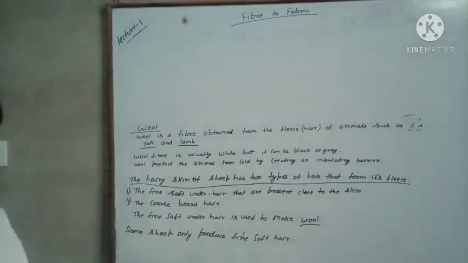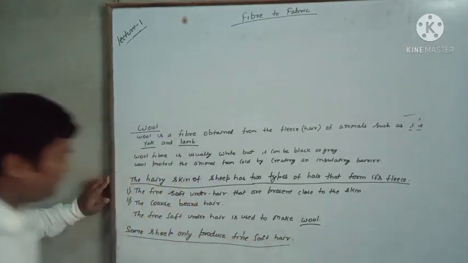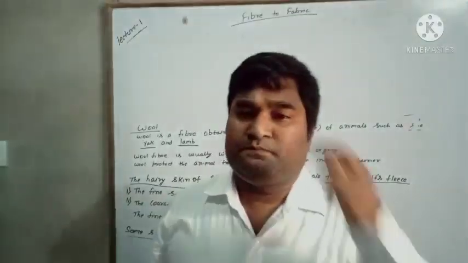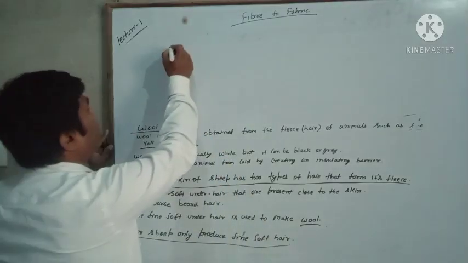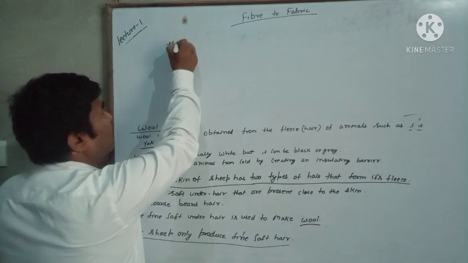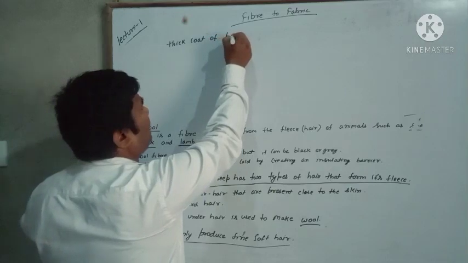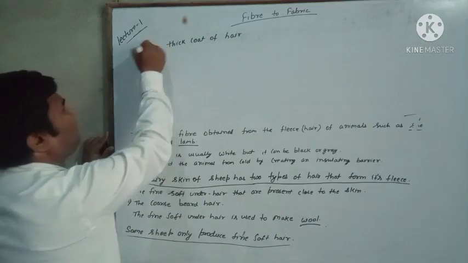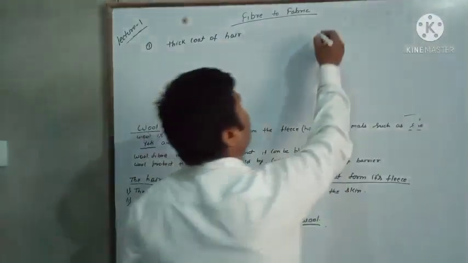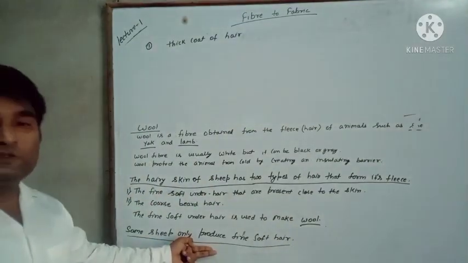One important thing I am saying here, you keep in mind this point. Some sheep only produce fine soft hair. Imagine there is a breed which produces a thick coat of hair, and I told you some breed is there that produces only soft hair.